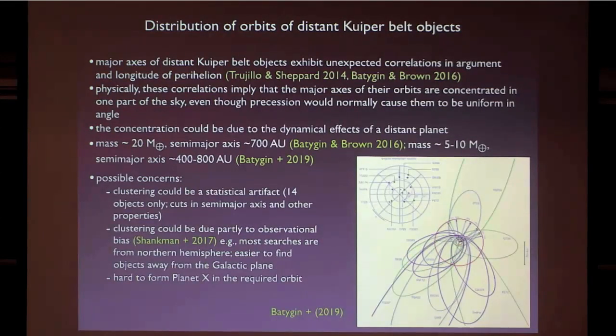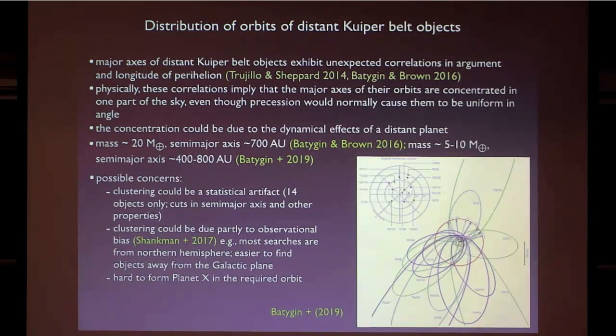There are possible concerns with this argument. I worry that the clustering could be a statistical artifact because there's a relatively small number of objects, and the effect was discovered after they had made cuts on semi-major axis and other properties. There's a continuing concern that the clustering could in part be an artifact of observational selection procedures.